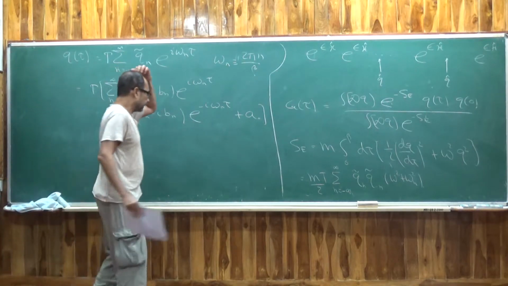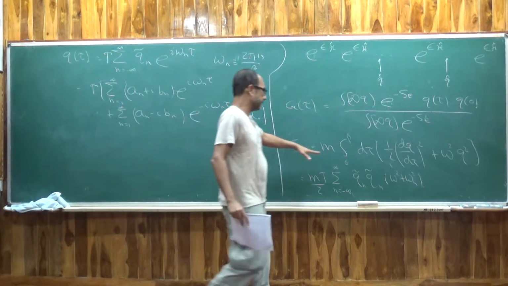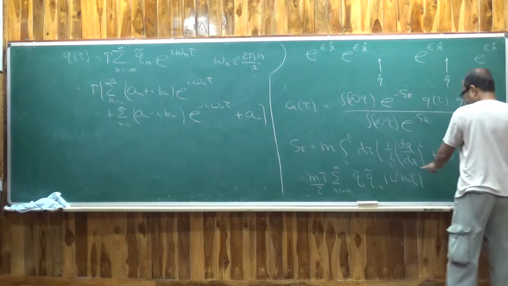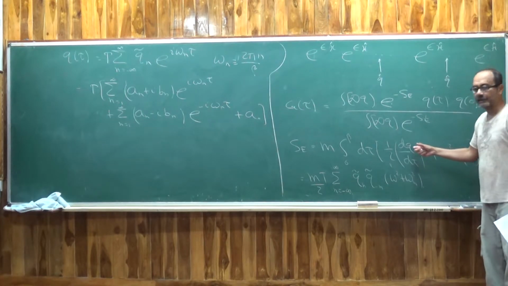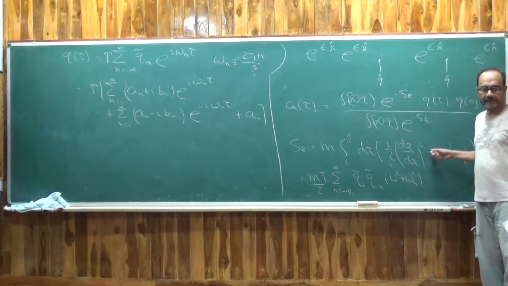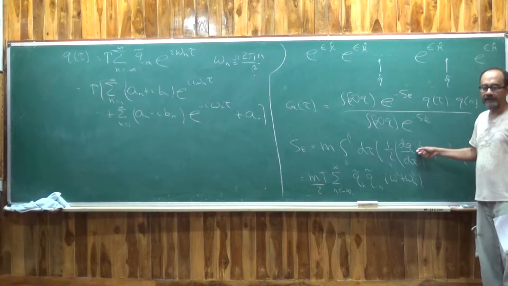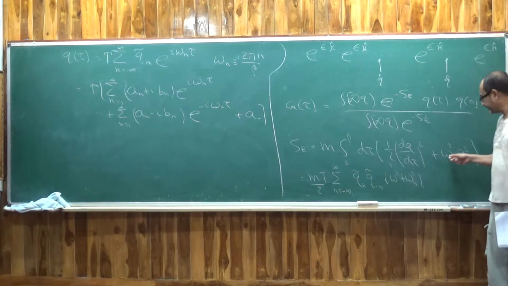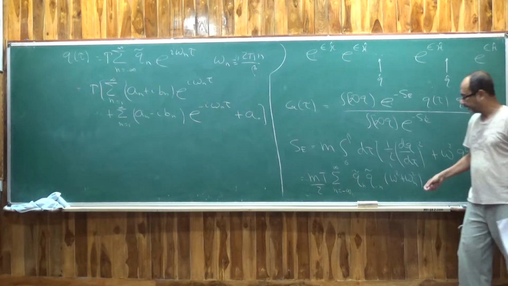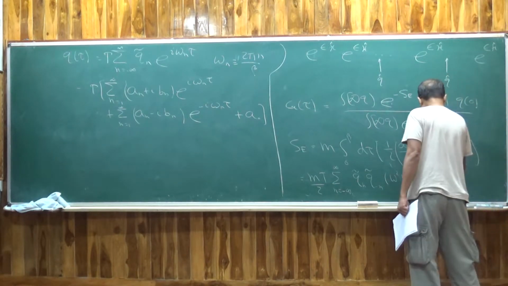Now, before we proceed, let me just point out that this action that we have written, one can think of as the action of a 0 plus 1 dimensional scalar field. Because Q, if you think of it as a 0 plus 1 dimensional scalar field, then this is like the kinetic term, this is the mass term. Okay, there is a half here.